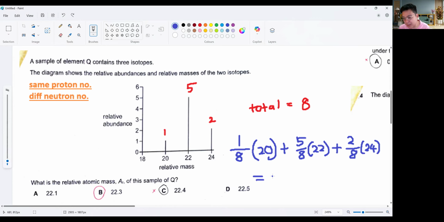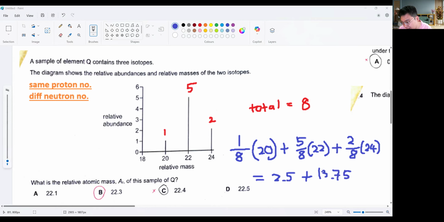So you calculate this whole thing. Okay, I'm going to use my own calculator here. Y'all can do it on your calculator as well. So this is 2.5 plus, what's this? 13.75.